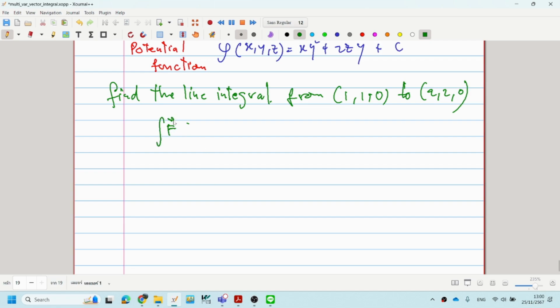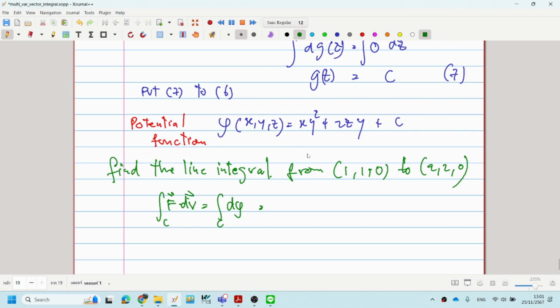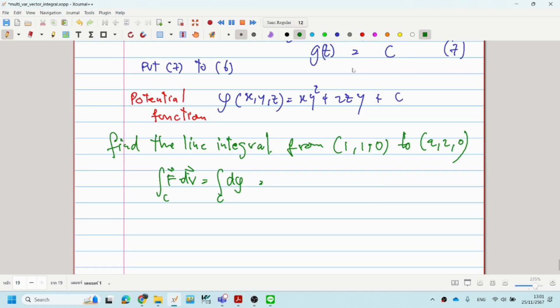Vector f dot dr, and right now it becomes defined already. You just substitute the coordinates, x1, y1, c1, x2, y2, c2, right?